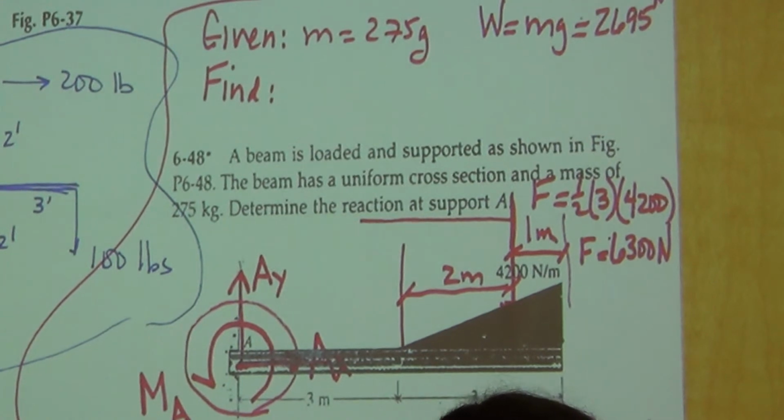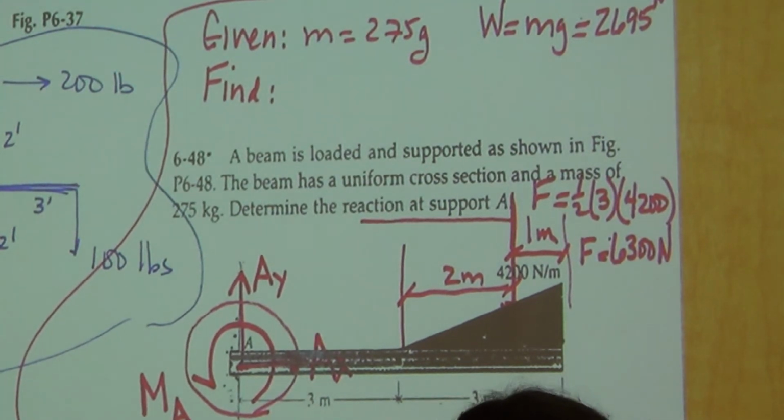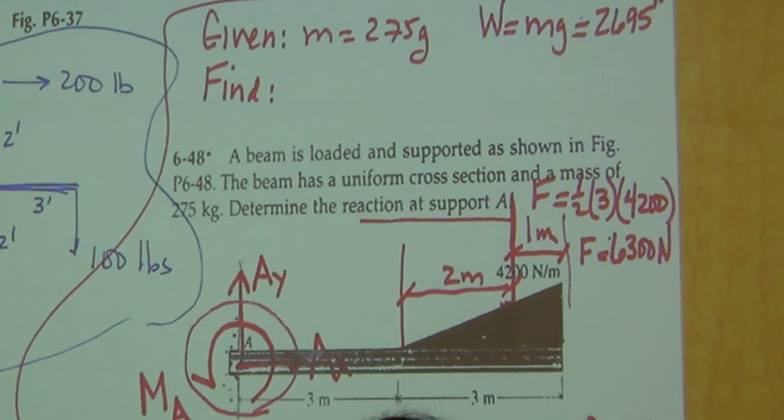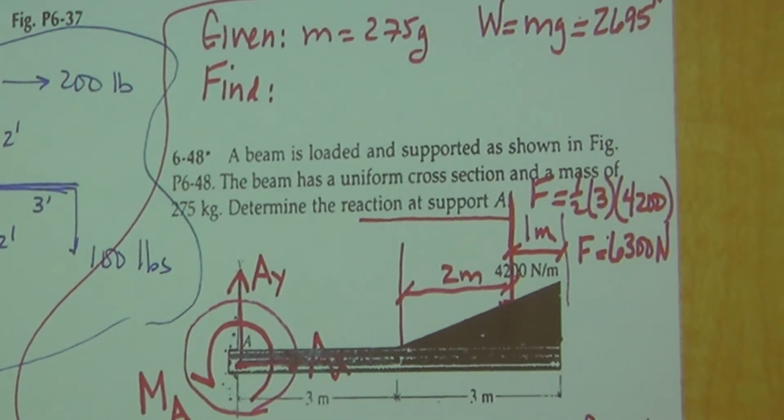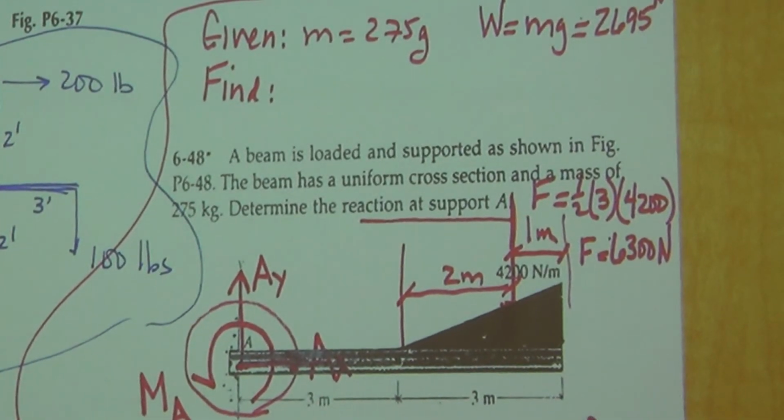We're not calculating area for carpet, which would be a distance times a distance. We're calculating the area based on one dimension being a distance and one being the loading per meter. Okay, good, I'm glad we clarified that.